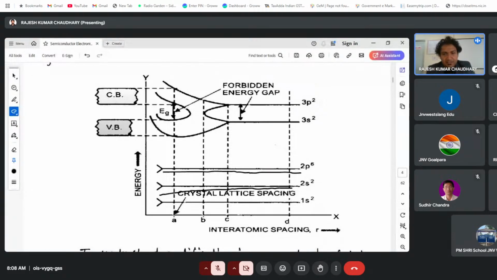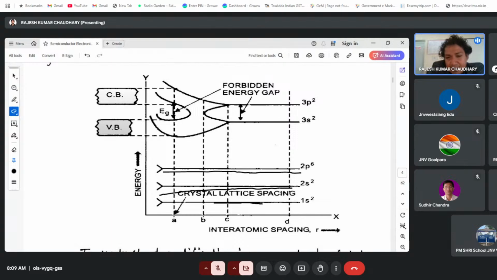Due to that, electrons interact with each other and they distort the energy band. These energy levels represent those orbits which are very close to the nucleus.